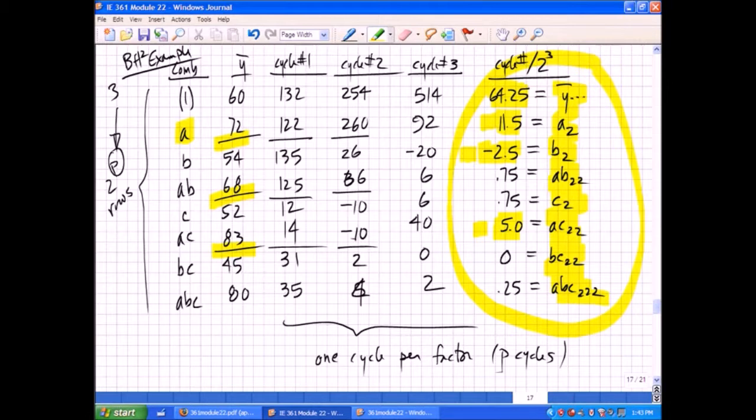And so I come to the conclusion here that my eyeball analysis that picked out the 11.5, the 5.0, and the minus 2.5 was not a bad analysis because the rest of those values in that Yates table are in fact down in the noise range.